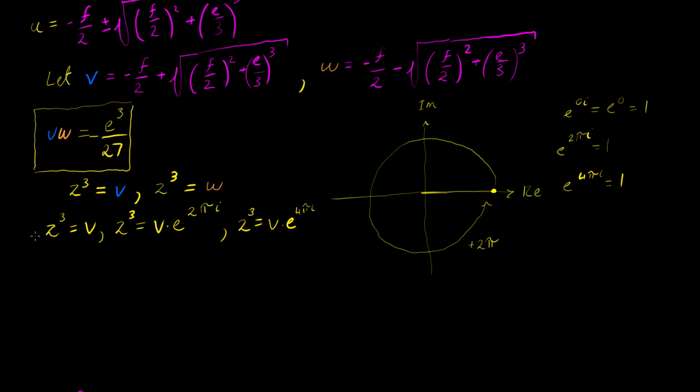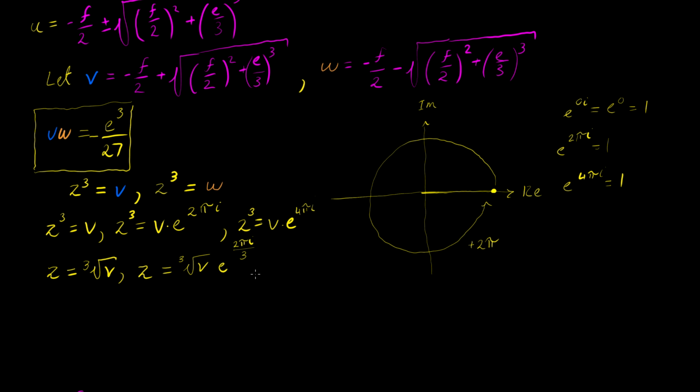But let's go ahead and solve for z now, which will allow us to solve for y, because y is in terms of z and s is in terms of e. So we've got z as a cube root of v, and we've also got z as the cube root of v times the cube root of e to the 2 pi i, which is the same thing as e to the 2 pi i over 3.